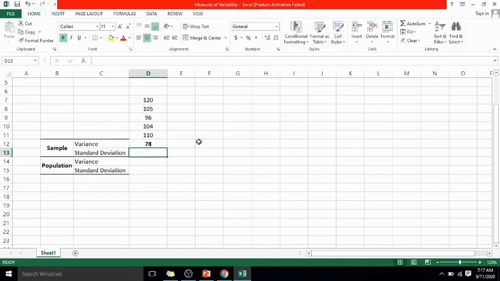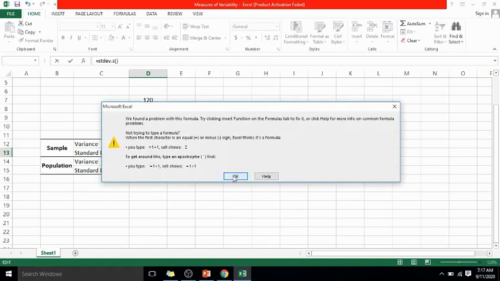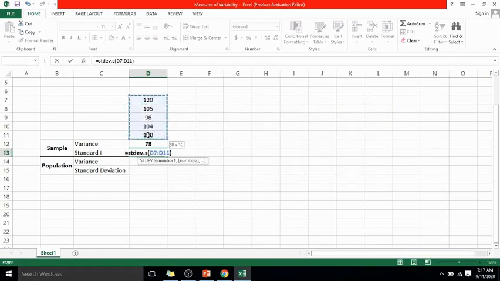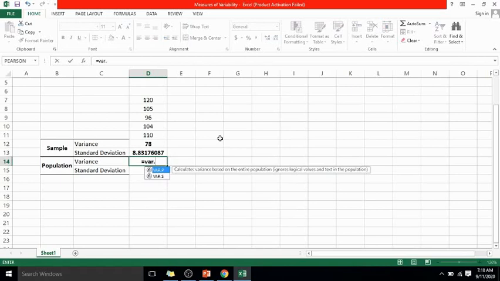Now for the sample standard deviation, the formula for that would be STDEV.S and then the range of the values. And we get 8.83 approximately. Now for the population, the variance would have to be calculated using the formula VAR.P this time, so P for population and the range of your values.